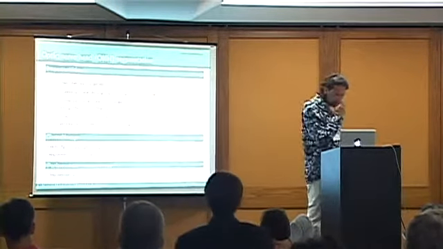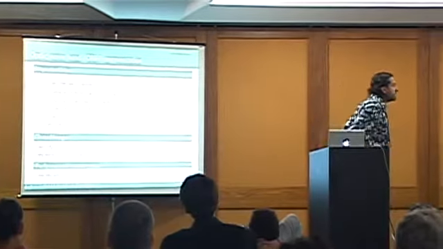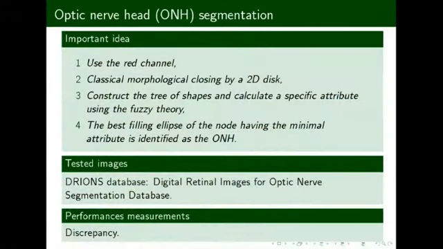Here is another example application, which is the optic nerve segmentation, the disc you find in the eye. This time we use the red channel because it's there that you find the information. A small closing by a disc, then the tree of shapes with a specific attribute, and you just find the best fitting ellipse.